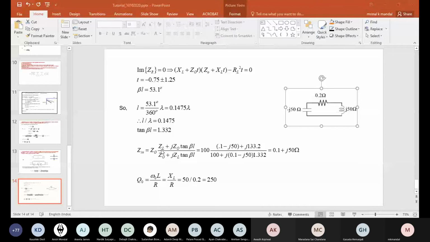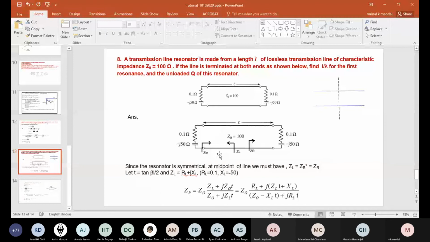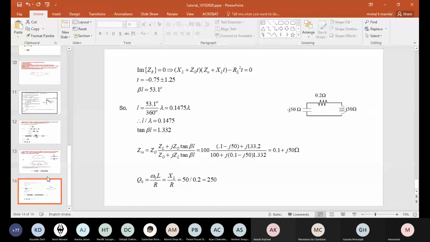Here we calculate Z in at this plane to see whether it is working as an equivalent capacitor or equivalent inductor. Z in here. Put the values here and it is coming 0.1 plus J50 ohm.